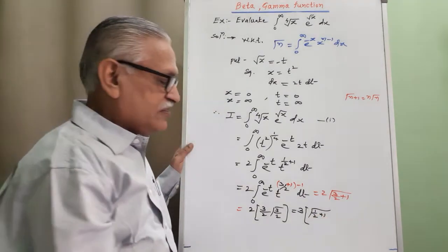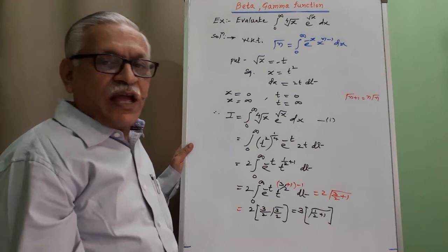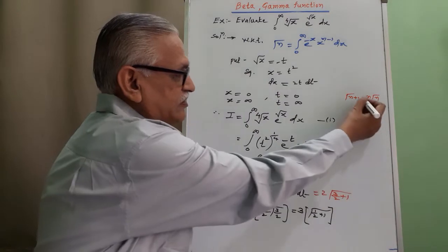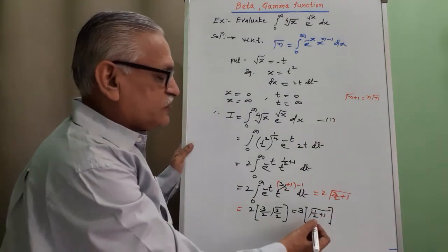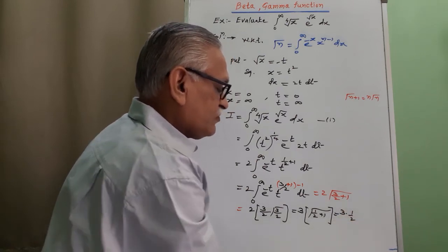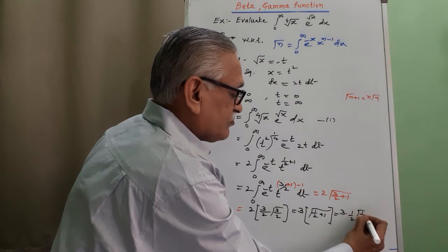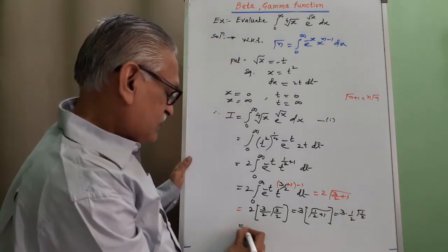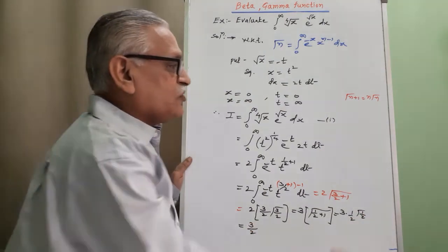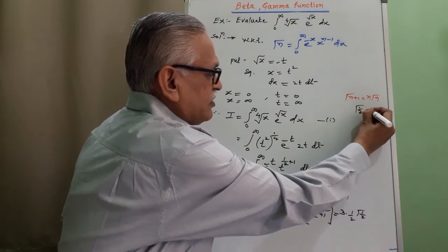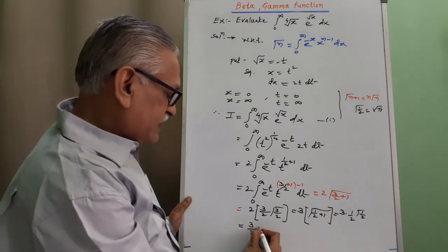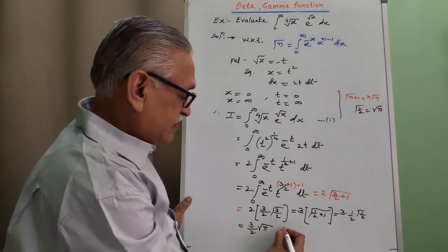Already I have discussed it in my first video of gamma function. Then gamma n plus 1, when n is not a positive integer, its value is n gamma n. Therefore, it is 3, 1 by 2 gamma 1 by 2, and therefore it is 3 by 2. The value of gamma 1 by 2, we know the value of gamma 1 by 2 as root pi, and therefore we get 3 by 2 into root pi as the answer.